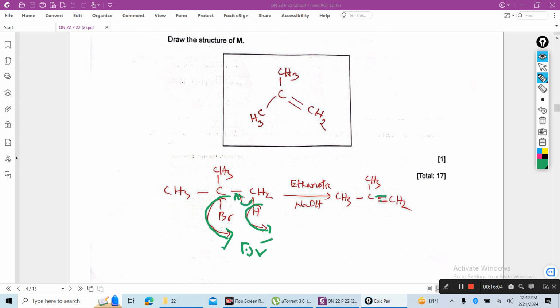So the structure of M will be propene, with the 2 carbon containing a methyl, so this will be 2-methyl propene, 2-methyl propene.